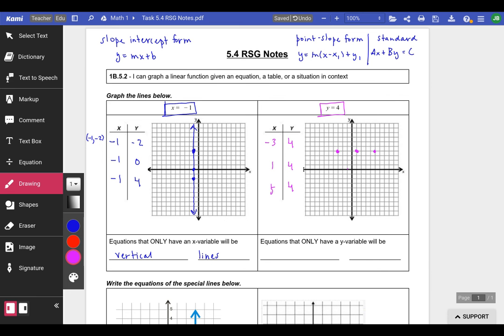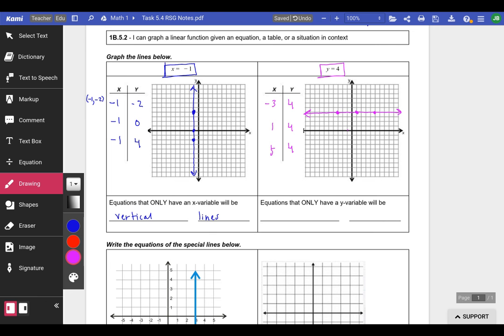So y equals 4 is the line that looks like this. So now we can see that equations that only have a y variable will be horizontal lines. And again, it was y equals 4, so it's the horizontal line that goes through 4 on the y-axis.